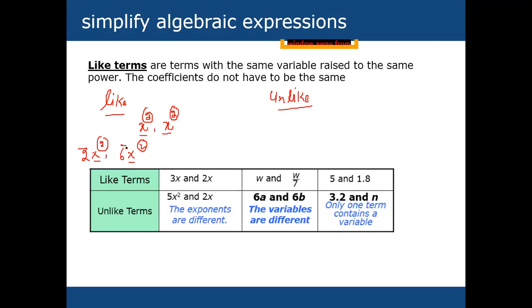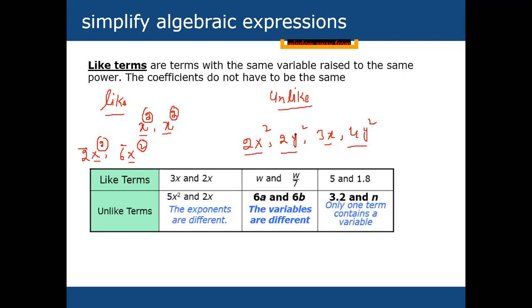They may be different or same. For example, we have 2x square, 2y square, and let's suppose 3x, and we have 4y square. So what are like terms? First of all, we have 2x square. Find another term which has the same variable x and square.